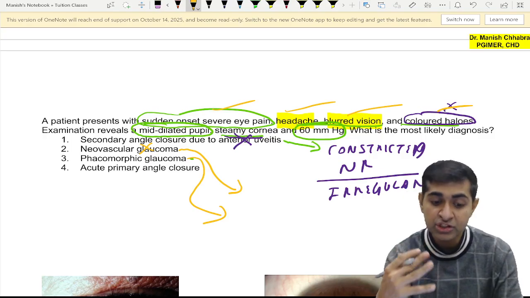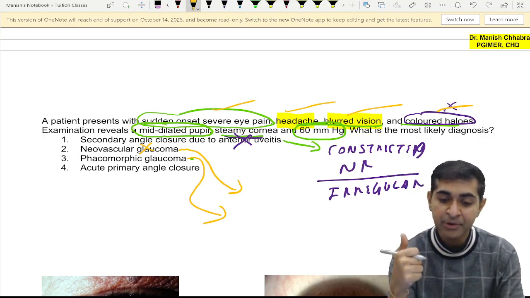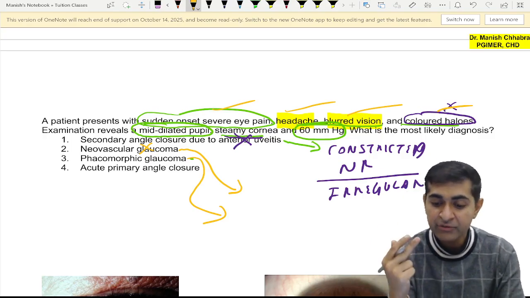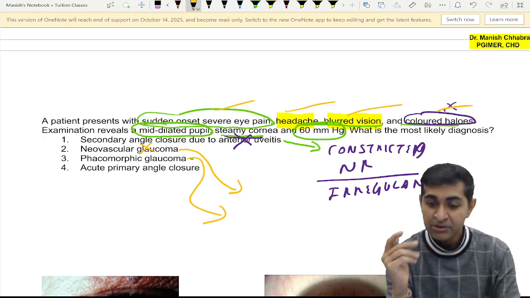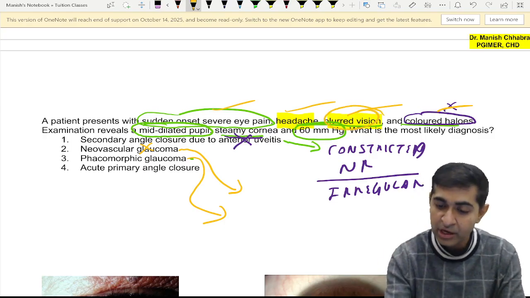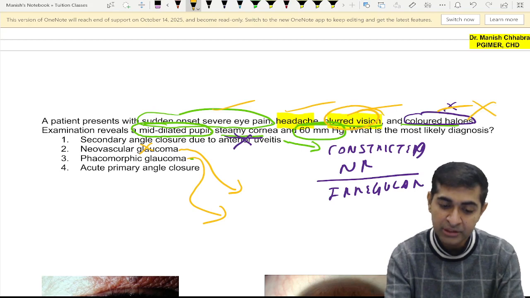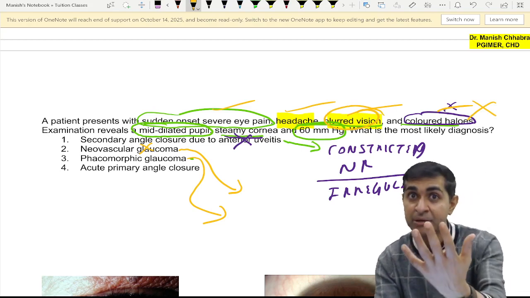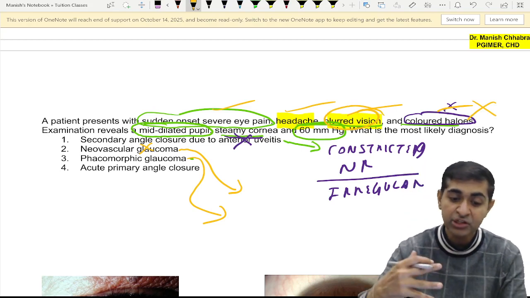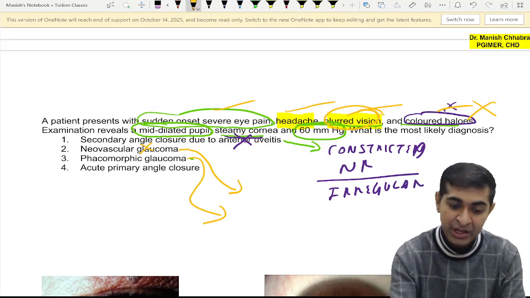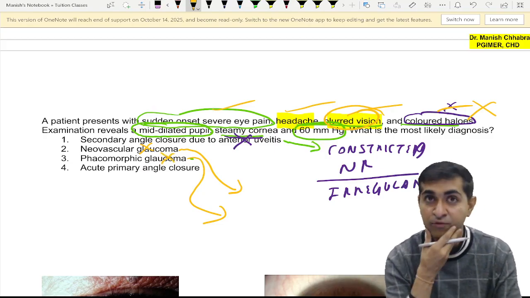But the other features: acute onset sudden eye pain, headache, blurred vision, colored halos. Blurred vision will be there, okay. Colored halos, no, it will not be there. It may be associated with steamy cornea, but this acute onset sudden eye pain eliminates phacomorphic glaucoma as well.